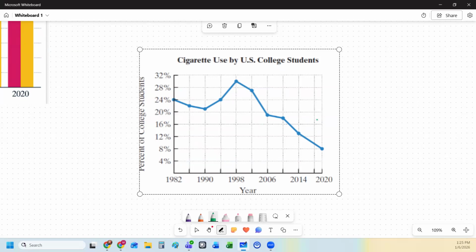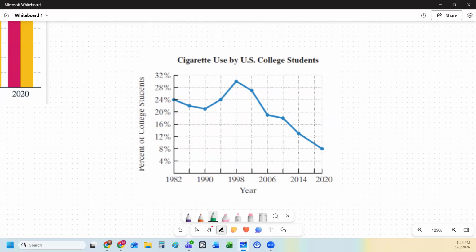I can tell, in 2020, my value is right here. Reading back, that value is 8%. Reading the value for, let's say, 1990, comes back over to here, so maybe 21%, something like that. I may not be able to tell exactly, but it's pretty close within these values and a not very large range that I have to guess between. So this is a line graph.